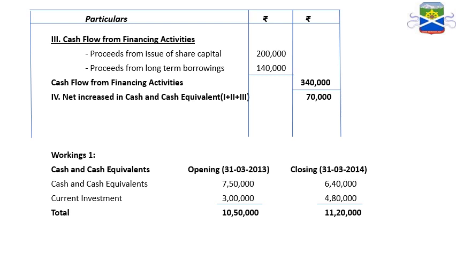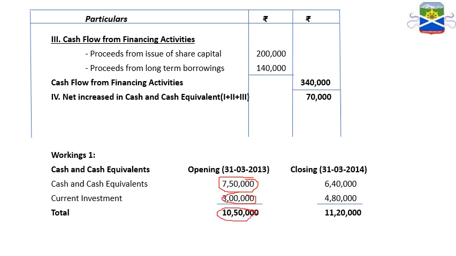With that we add the opening cash and cash equivalents. Look at the workings: cash and cash equivalents given is 7,50,000, and current investment is 3 lakhs. So altogether 10,50,000.